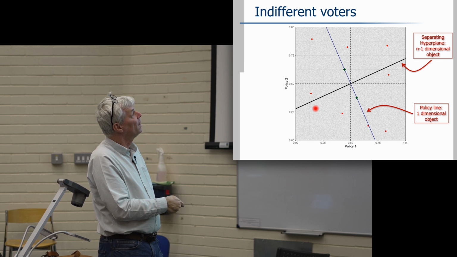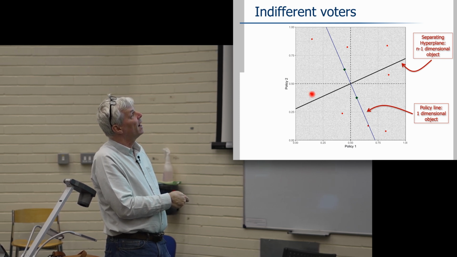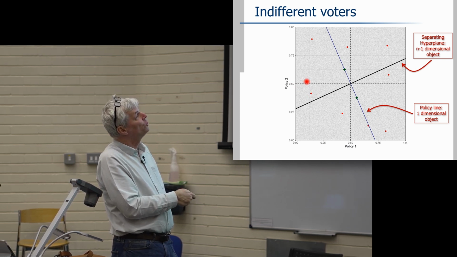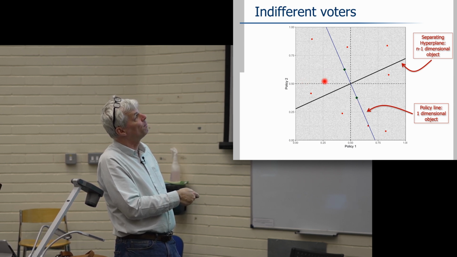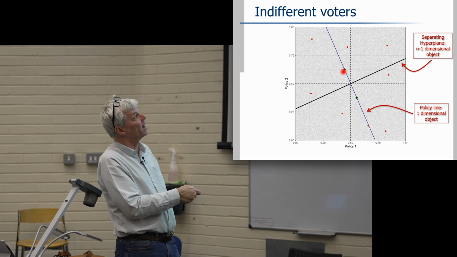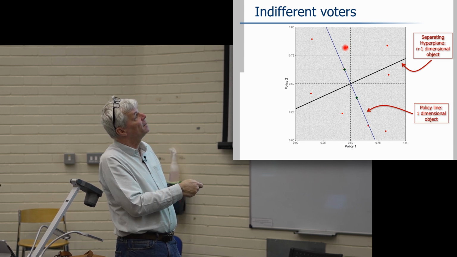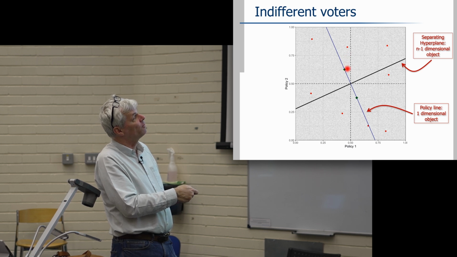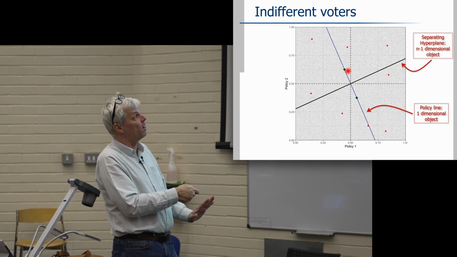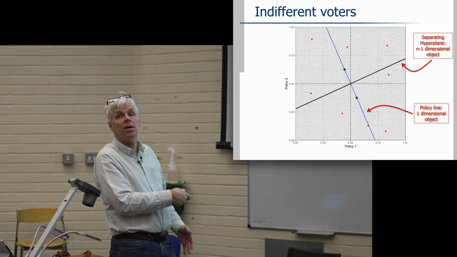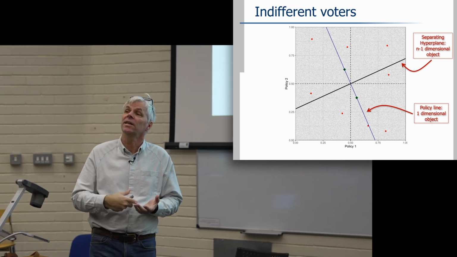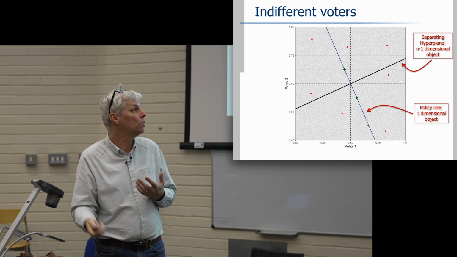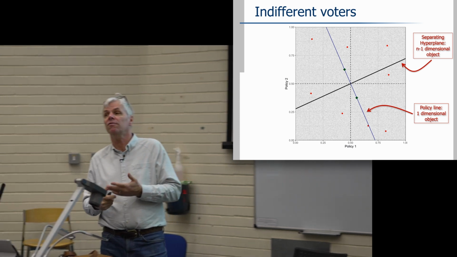So if I'm this guy, I would say everyone below this dotted line is going to vote for this guy. Everyone above this dotted line is going to vote for that guy. Right, so this guy, he would start walking in this direction down, and he would get to this one first, so he'd vote for that one if it was just policy two. And then he would get to this one, which would be worse. It's a longer distance. It's farther from his ideal policy two.